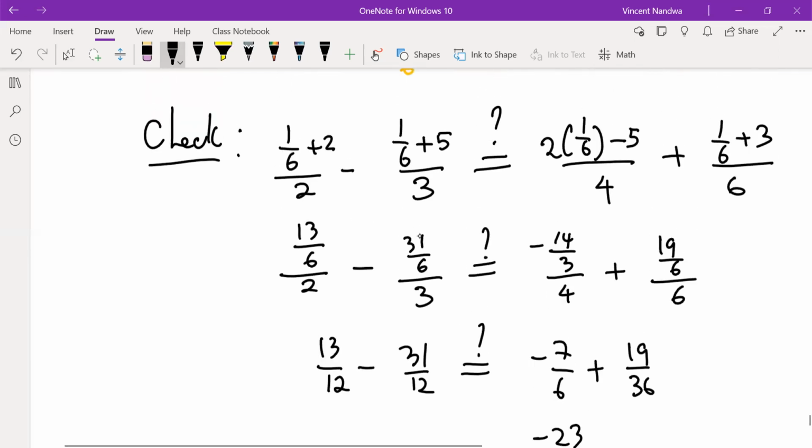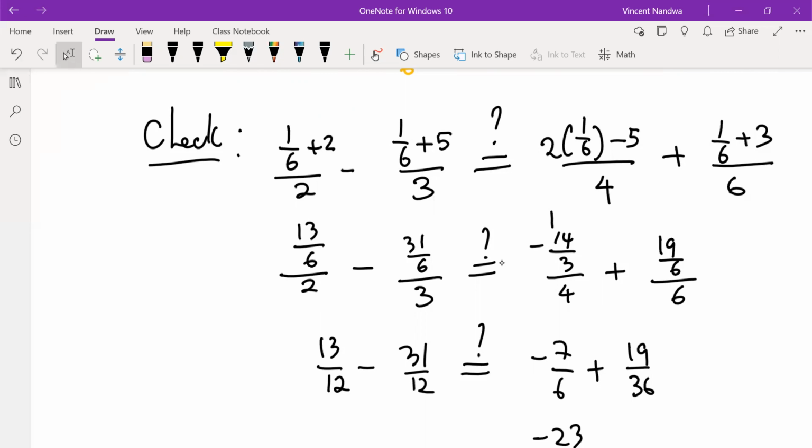Let me just confirm these values. 2 times 1 over 6 minus 5 is minus 14 over 3, that's fine.